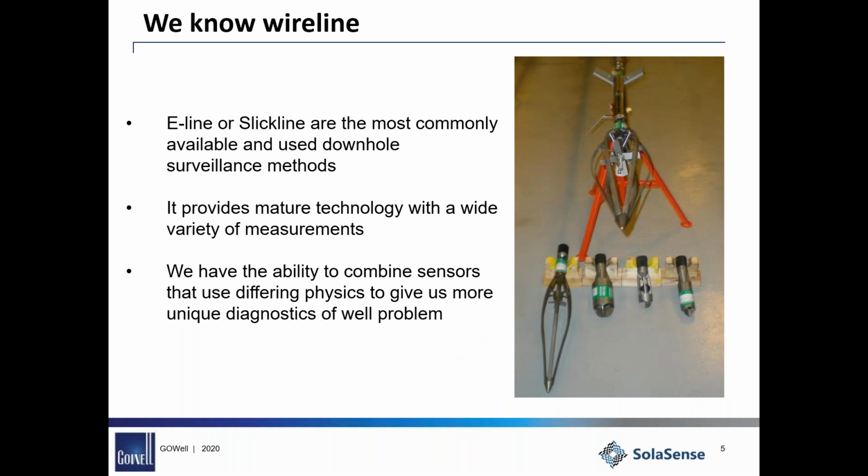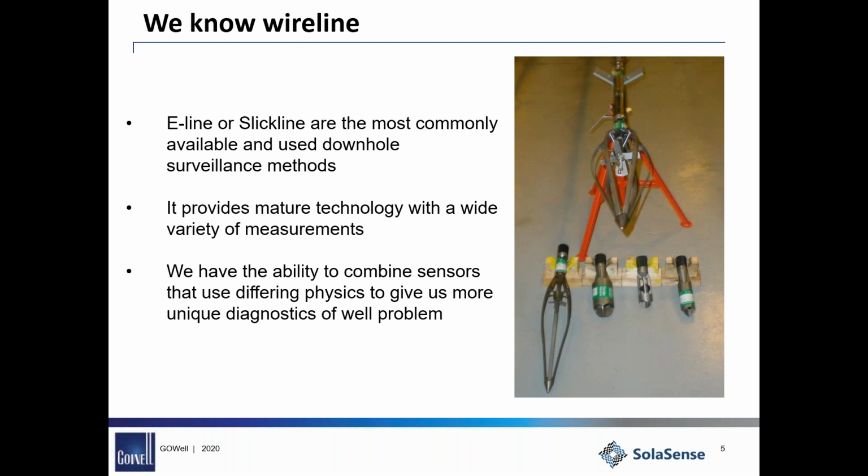So we know wireline. It's been around for as long as I can remember. We've got E-line or slickline services. Those are almost ubiquitous. Anywhere in the world there'll be a rig capability to run either electric line or slickline services.